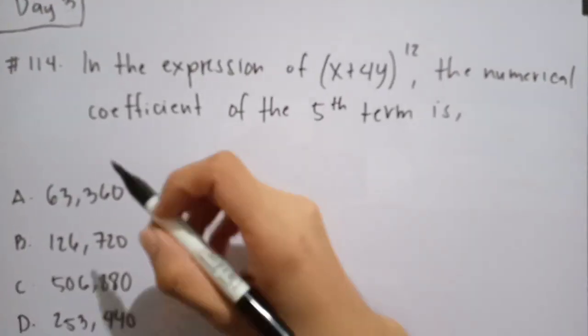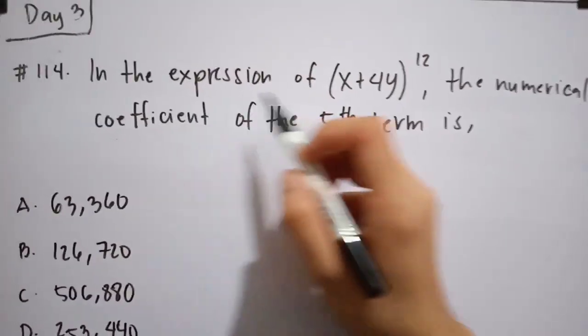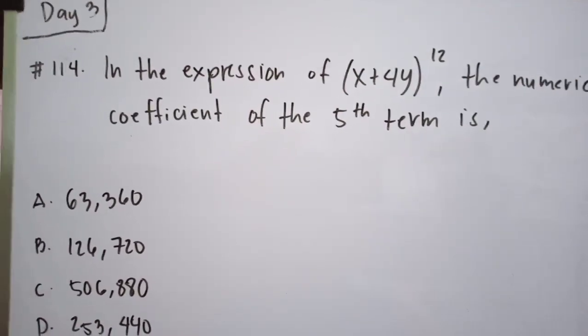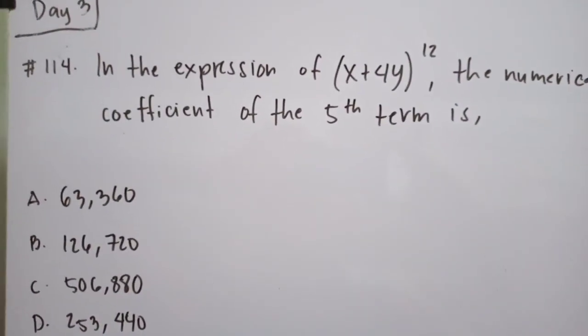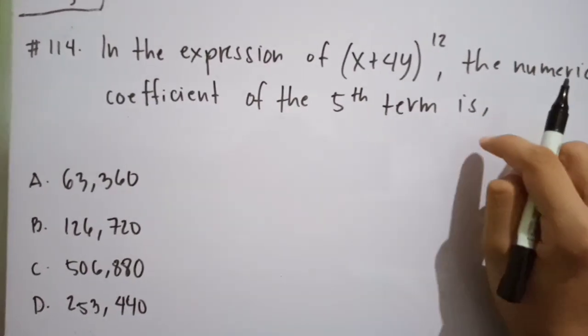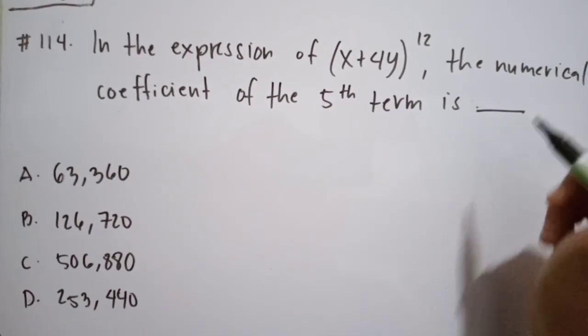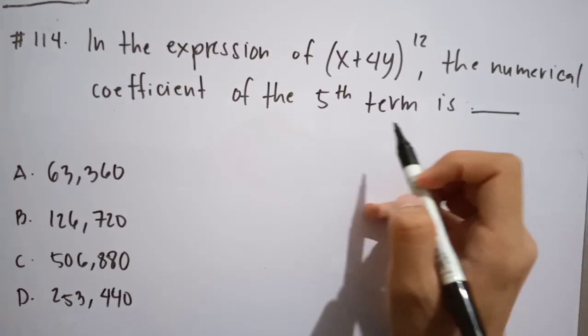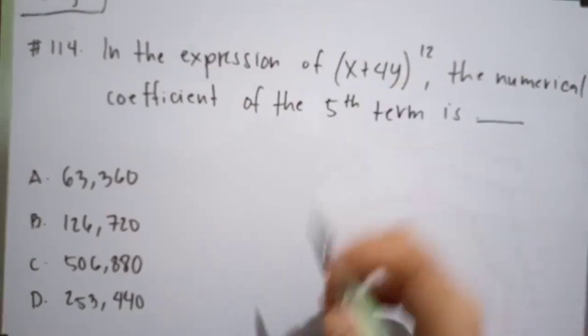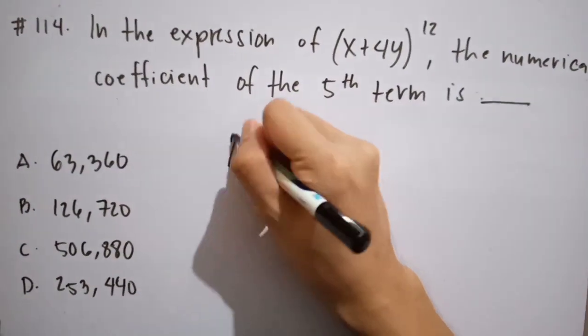Problem number 114. So sabi dito, in the expression of x plus 4y raised to 12, the numerical coefficient of the fifth term is blank. Hanapin yung numerical coefficient ng fifth term dito sa expansion na to. Parang yung ginamit nating formula kanina, di ba?